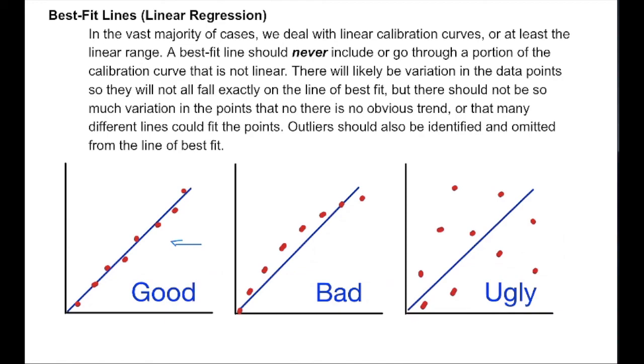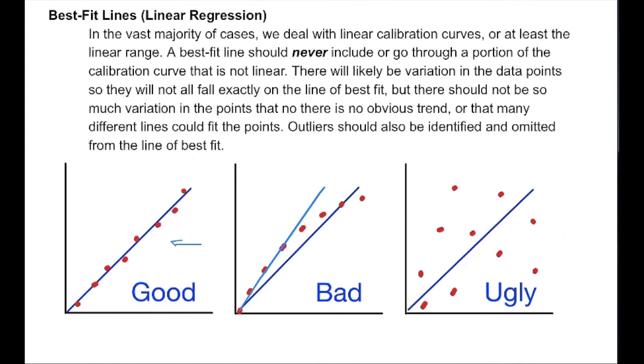So while this is bad in terms of how the straight line was drawn through it, it's not necessarily a bad calibration curve, because you might be able to draw a straight line through, say, 4 of those points. And those 4 points would make up the linear range, and that's how you would want to draw a straight line through data that curves like this.